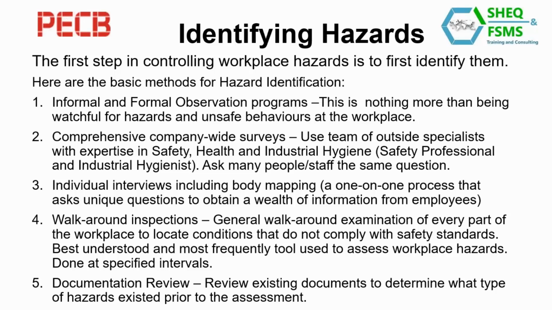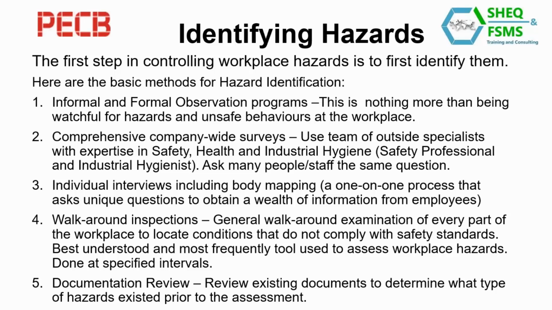Number 2, comprehensive company-wide surveys. Use a team of outside specialists with expertise in safety, health, and industrial hygiene. Safety professional and industrial hygienist. Ask many people or staff the same questions.